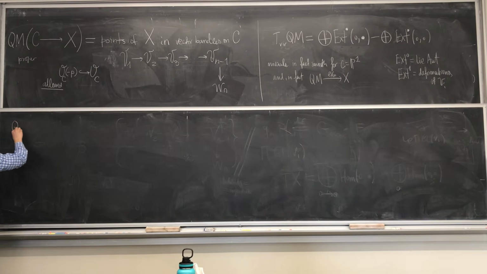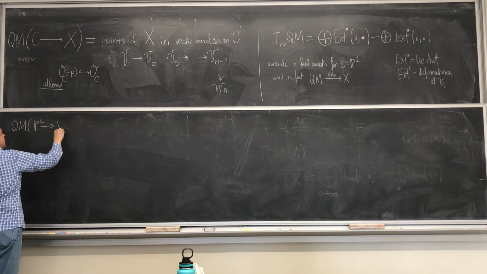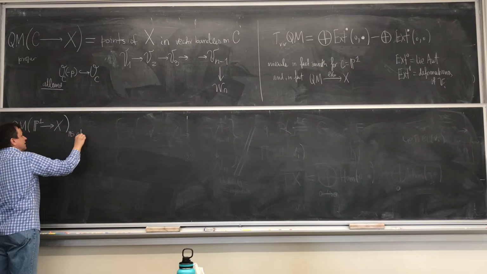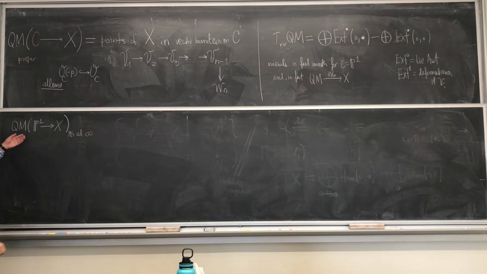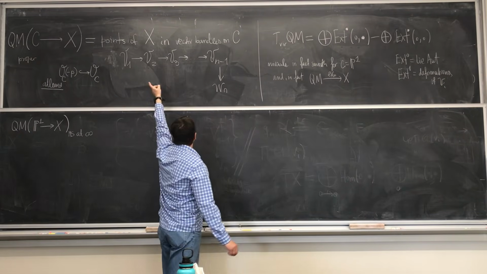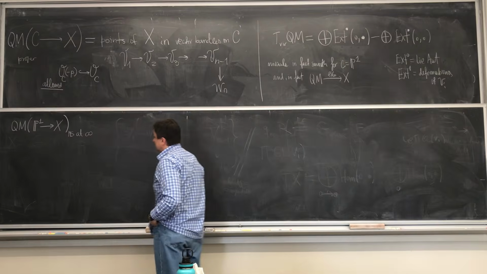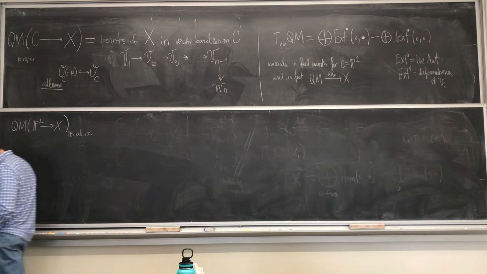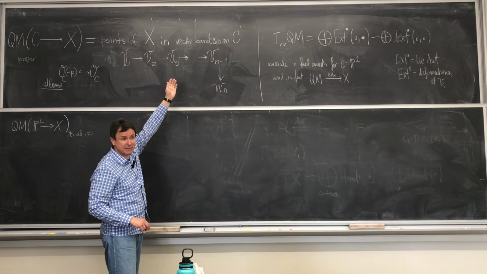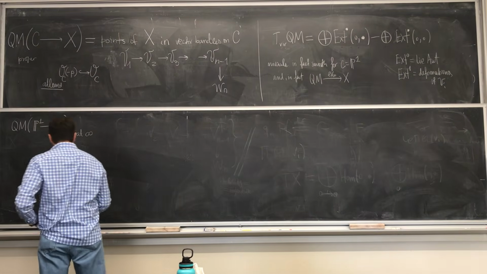So okay, then we will study the fibers of that. We'll study Quasimaps from P1 to X, and we will assume it to be non-singular at infinity. That is to say, infinity is not a base point. That is to say, at infinity there's no torsion in any of this. The cokernel of any of this map has no torsion at infinity.